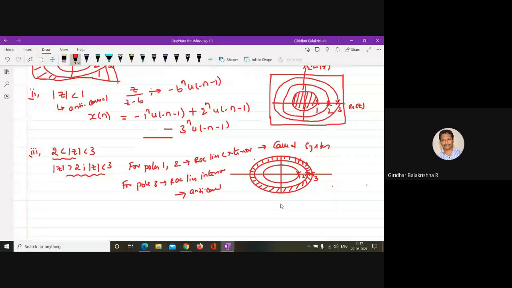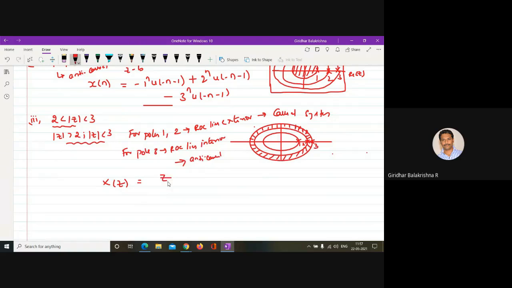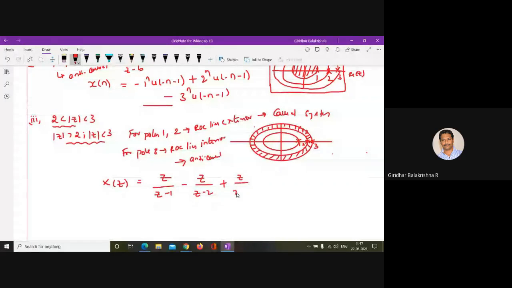And now tell me, for easy understanding I will write here, we got X of z equal to z by z minus 1 minus z by z minus 2 plus z by z minus 3.